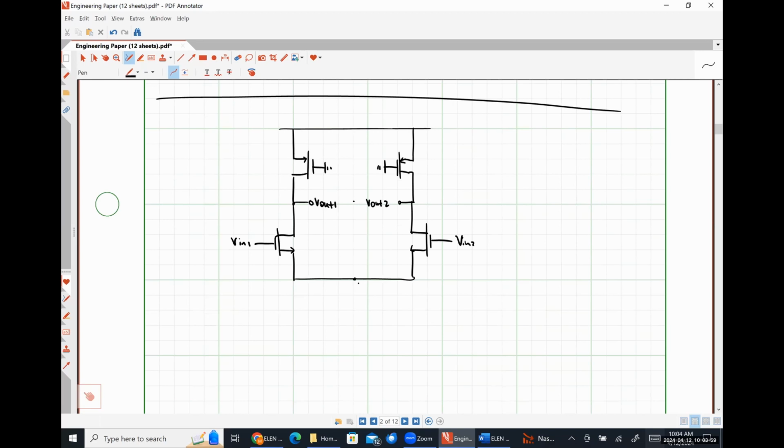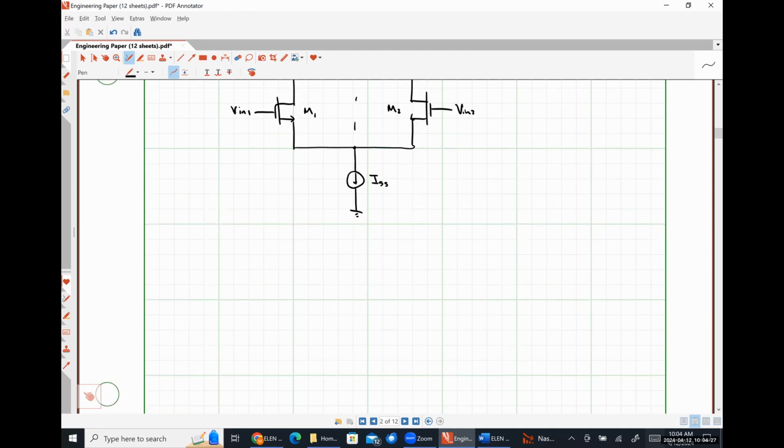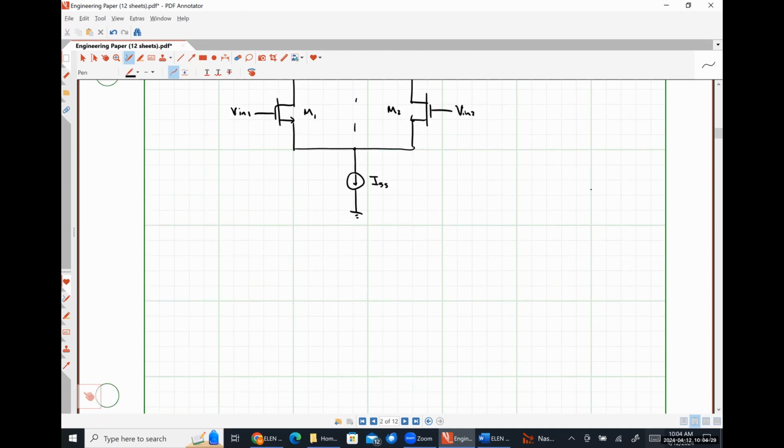Trying to remember if I asked you guys to do this for your homework or if it was a BJT version of it. So here's M3, M1, M4, and M2. Is this circuit symmetrical?